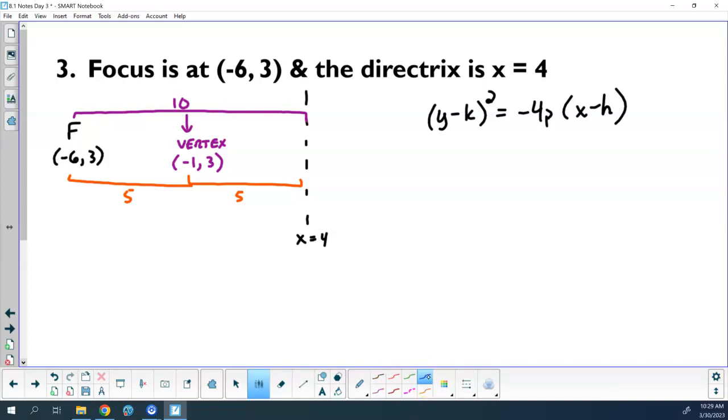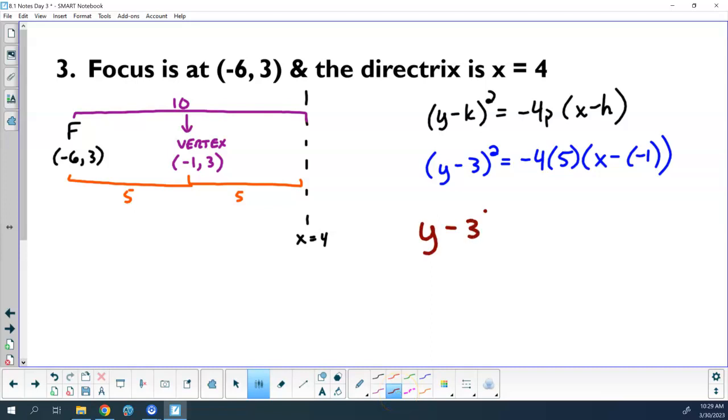What is k? What is h? So the equation of this is y minus 3 quantity squared equals -20 times the quantity x plus 1.